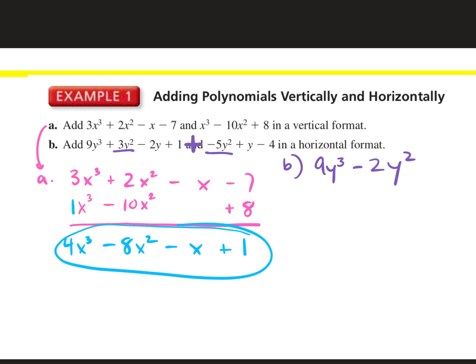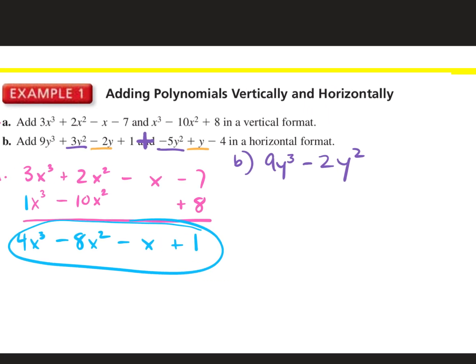Then we have negative 2y plus y. So what's negative 2 plus 1? Negative 1y, or we would just say negative y. And then lastly, 1 minus 4? Negative 3. Perfect. Any questions here?